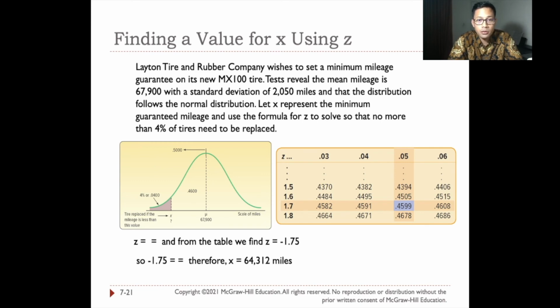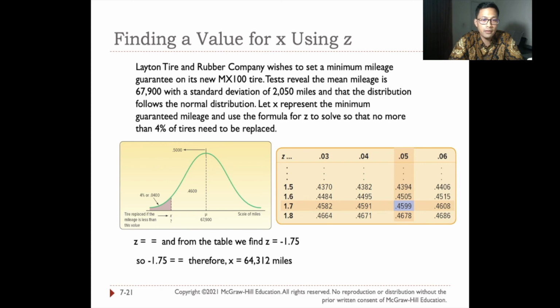Okay, so now what we can do is we're going to identify the fact that with the z formula, no more than 4% of tires need to be replaced. And so in this particular case, 4% is about 0.04. And so the idea is, what's the value of X such that the area is going to be 0.04.